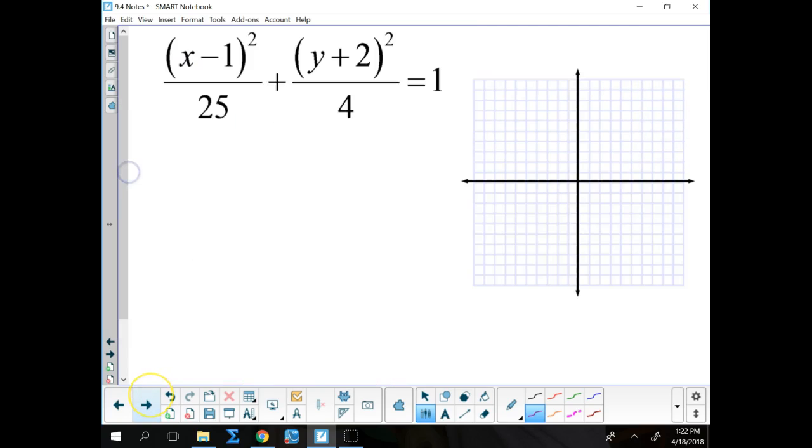All right, try that one. Center. Left and right from the center. 5. Up and down from the center.